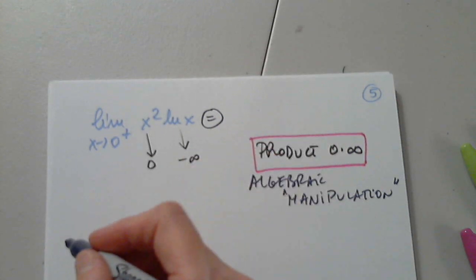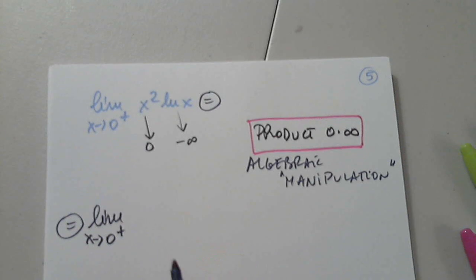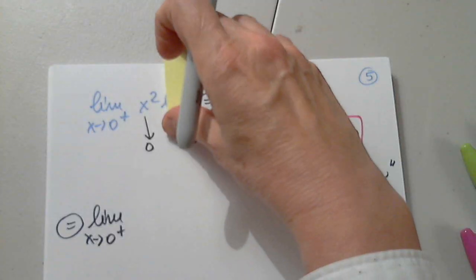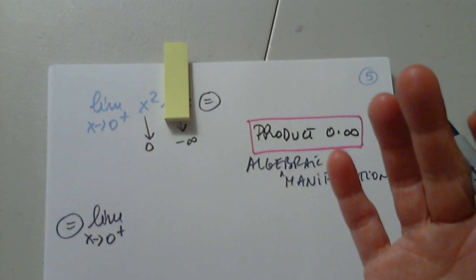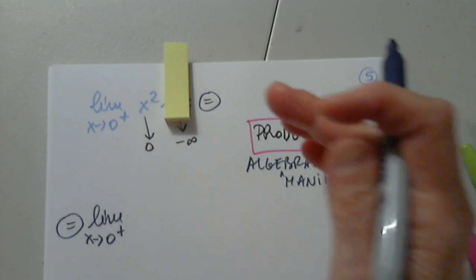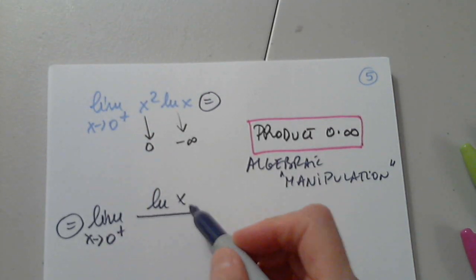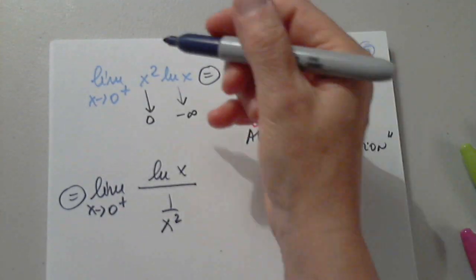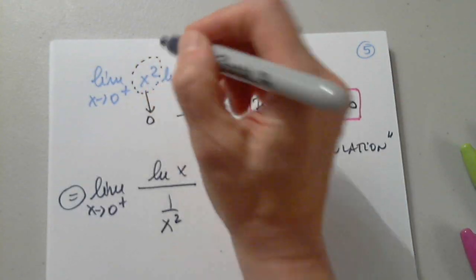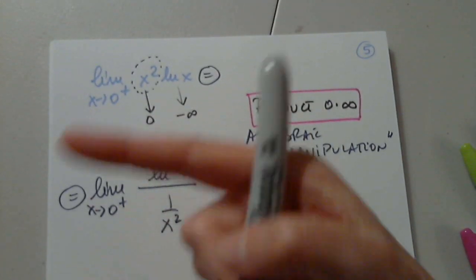I will continue here and write the limit as x approaches 0 from the right. We never ever touch natural log. Leave it alone, because if you bring it to the denominator with power -1, it's going to be a mess. So we never touch that. So leave the natural log alone. And here's what I'm going to do. I changed this part of the function into 1 over x to the -2, because when I divide, I have to flip the denominator.